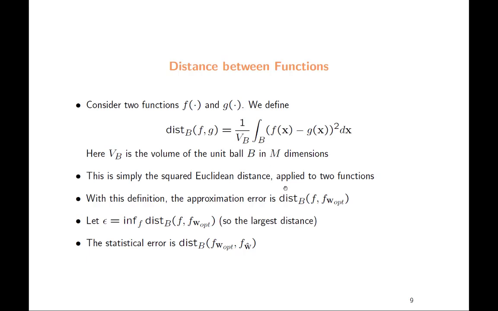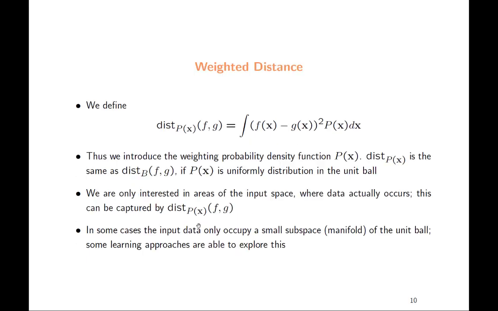We sometimes call it dist sub b. In that term, we want epsilon to be small. So the worst case distance between a function from the target class and the model class should be small.